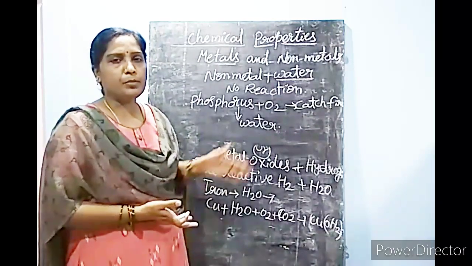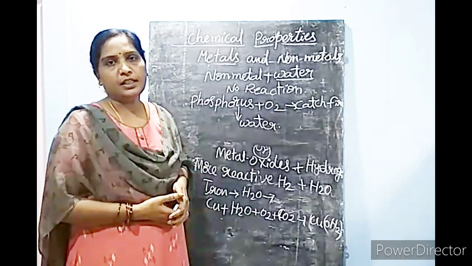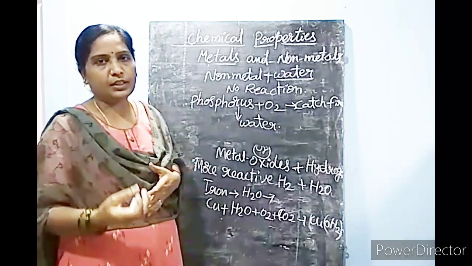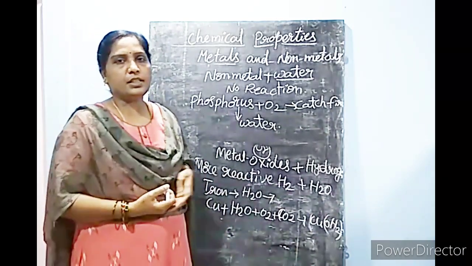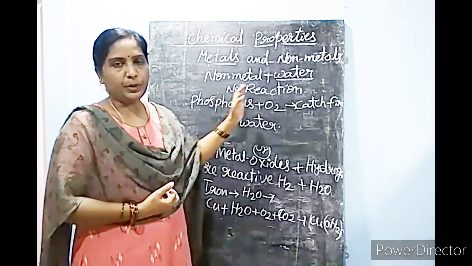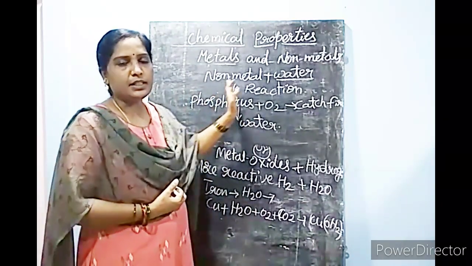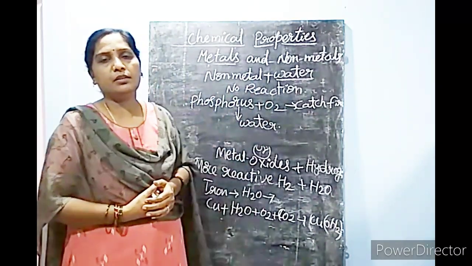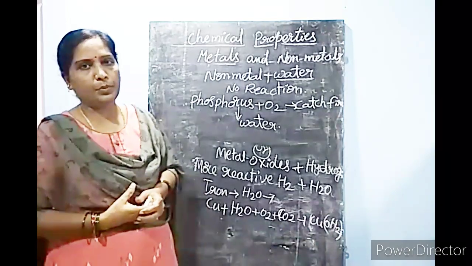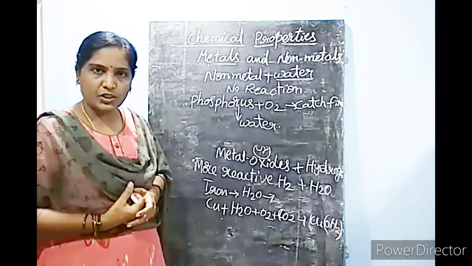One more example we studied was the rusting process: how iron reacts with water and oxygen and how rust is formed, and what the property of rust is. And we saw with the sulfur example how non-metals react with oxygen. When sulfur reacts with oxygen, it forms sulfur dioxide.